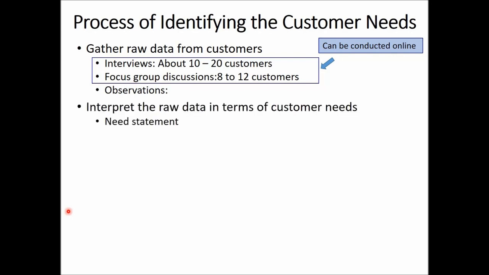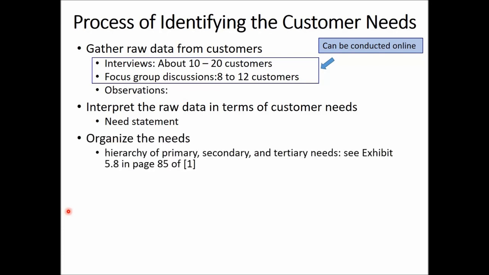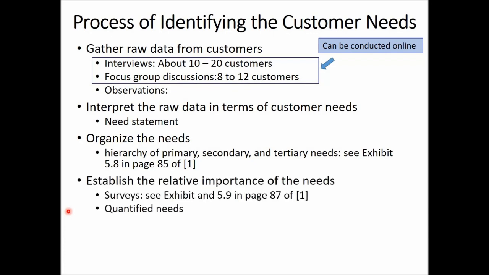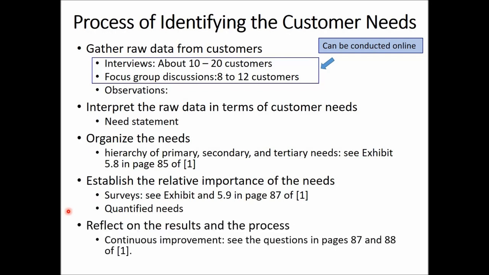And then once you gather data, you interpret the data in a more scientific manner, and you come up with something called need statement. And then you organize these needs in a specific hierarchical manner. If you visit exhibit 5.8 in page 85, you find more details about this. And establish the relative importance of different needs. Again, exhibit 5.9 in page 87, you would find information for this.